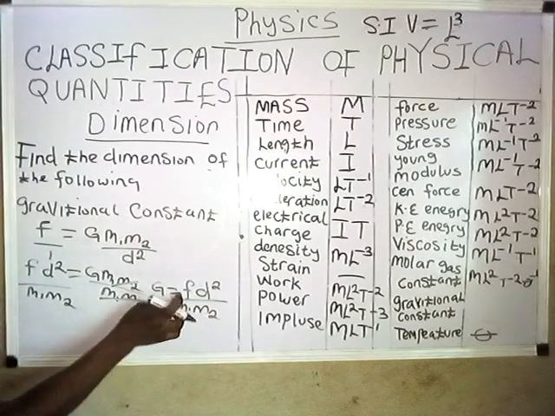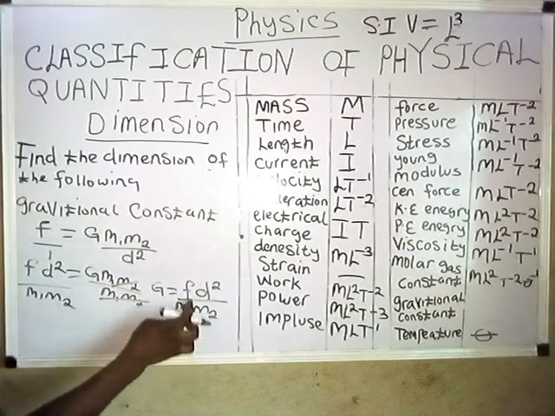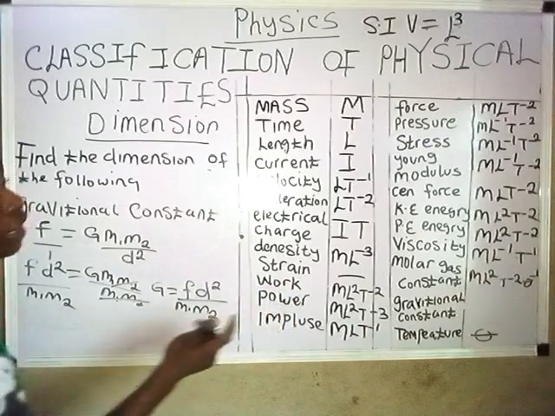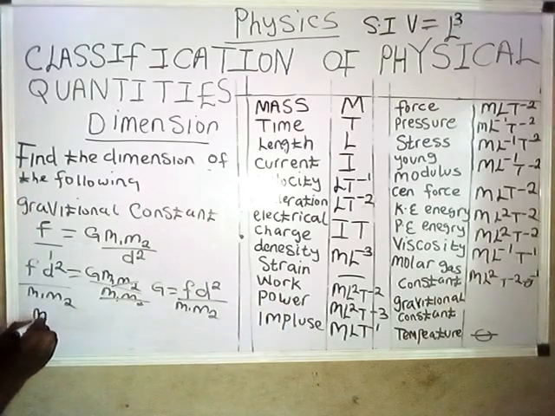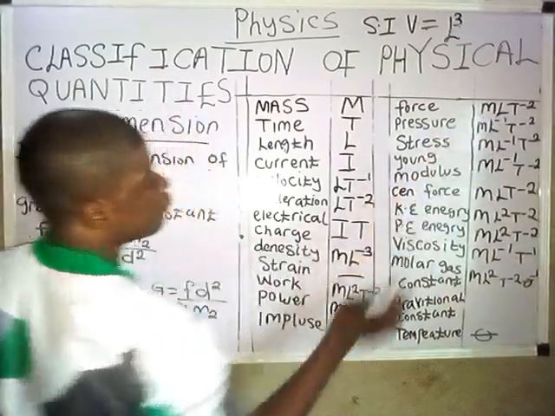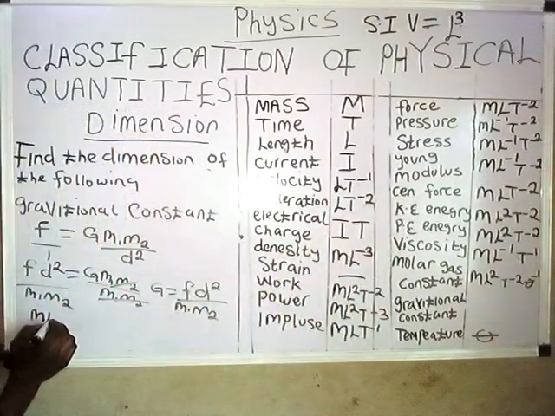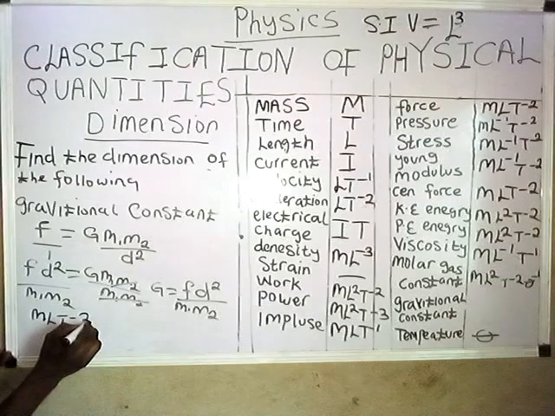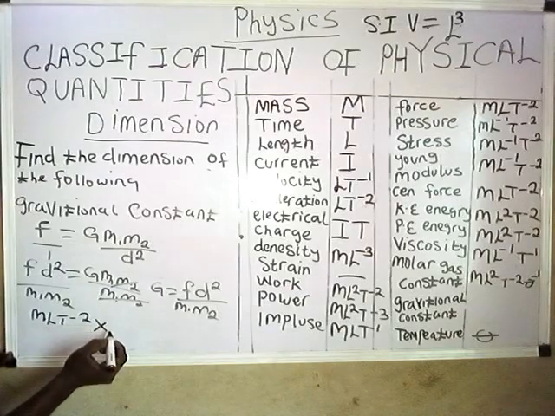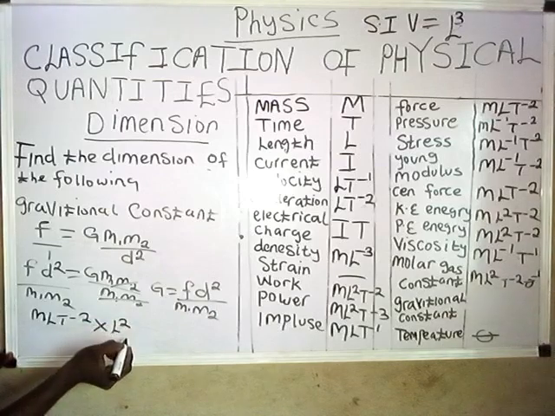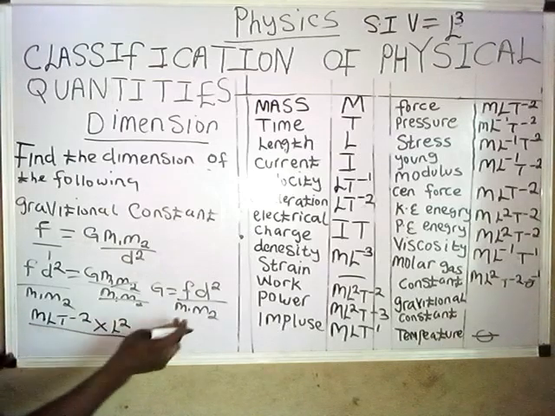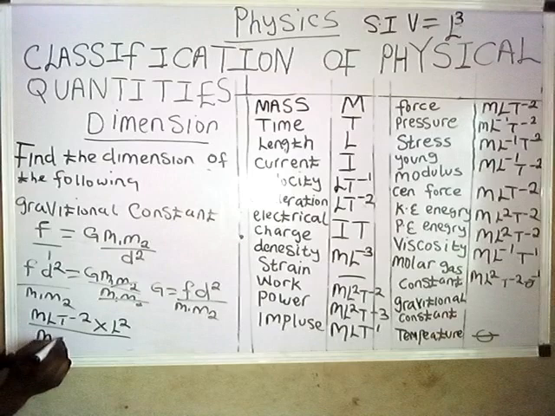The dimension for force in the table is M L T^-2, times the distance L squared, over m1 m2.